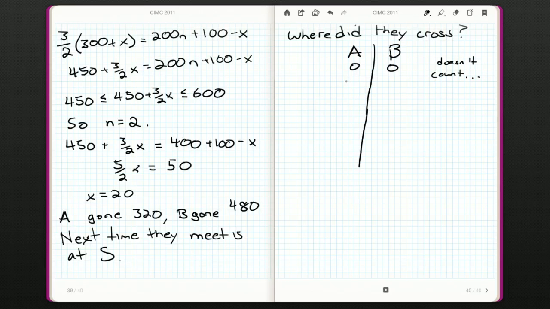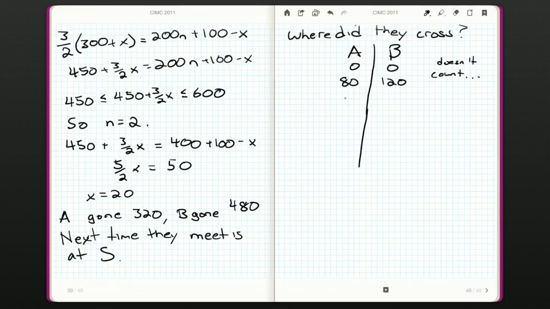And then where did they first cross? Alice had gone 80, and Betty had gone 120. And as I'm writing these numbers down, I'm looking for multiples of 200 as my goal, but maybe multiples of 100 are coming into it. Then when next did they meet?